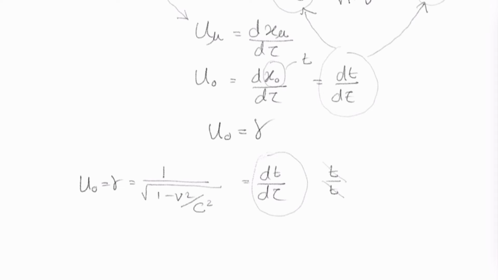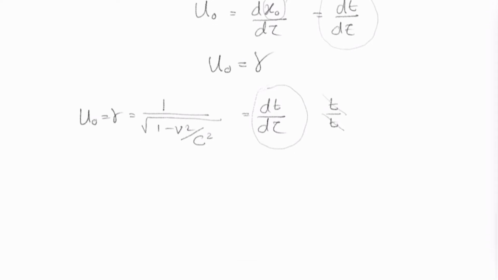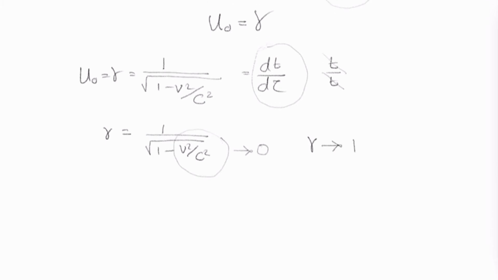So gamma, which is dt by d tau, is 1 over the square root of 1 minus v squared over c squared. For ordinary velocities, v squared over c squared becomes 0. Then gamma is 1. So for ordinary velocities, u of i is v of i, and u0 is 1.